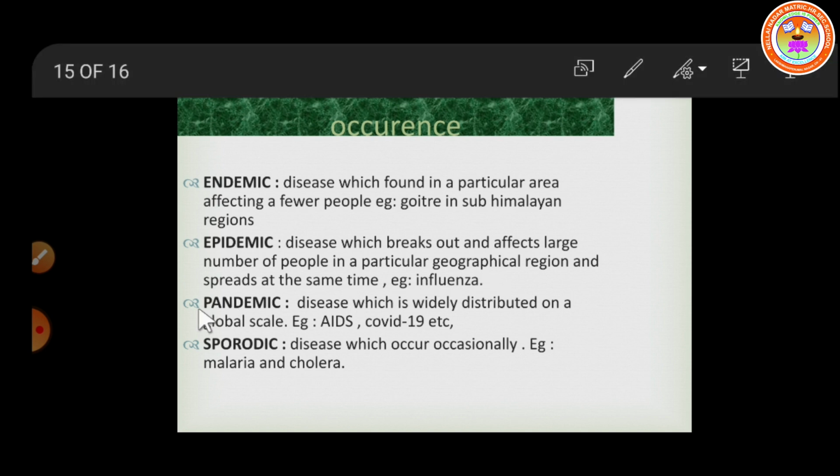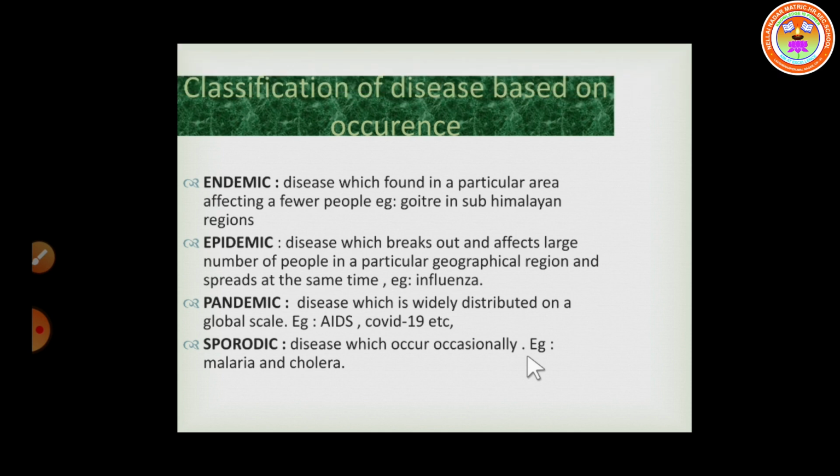Next is pandemic disease, which is widely distributed on a global scale. Example, AIDS, COVID, etc. Next is sporadic disease. Diseases which occur occasionally. Example, malaria and cholera. So these are the different types of classification based on their occurrence.